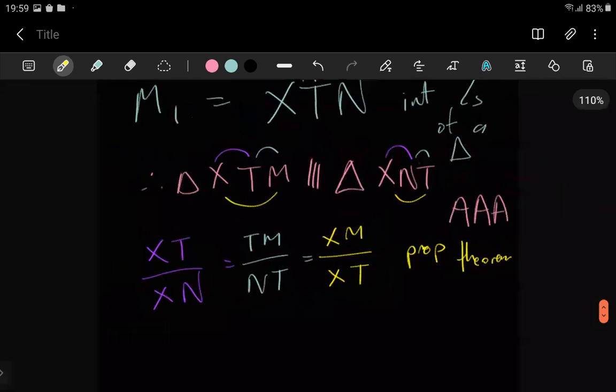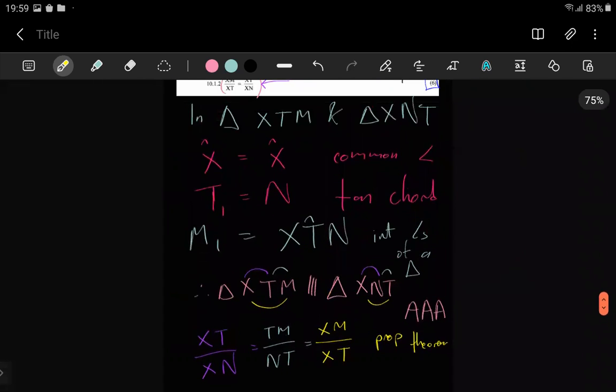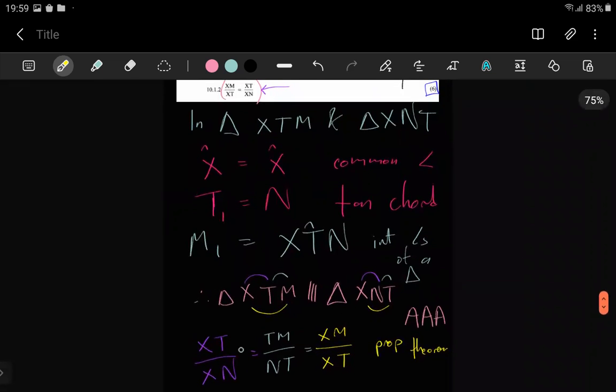So now you are home free, because all you are tasked to do now is to choose which two of these pairs look like the one you're dealing with. And you can already see which two pairs those are. There's XM and XT here. Here we have XM and XT. Here there's XT and XN.